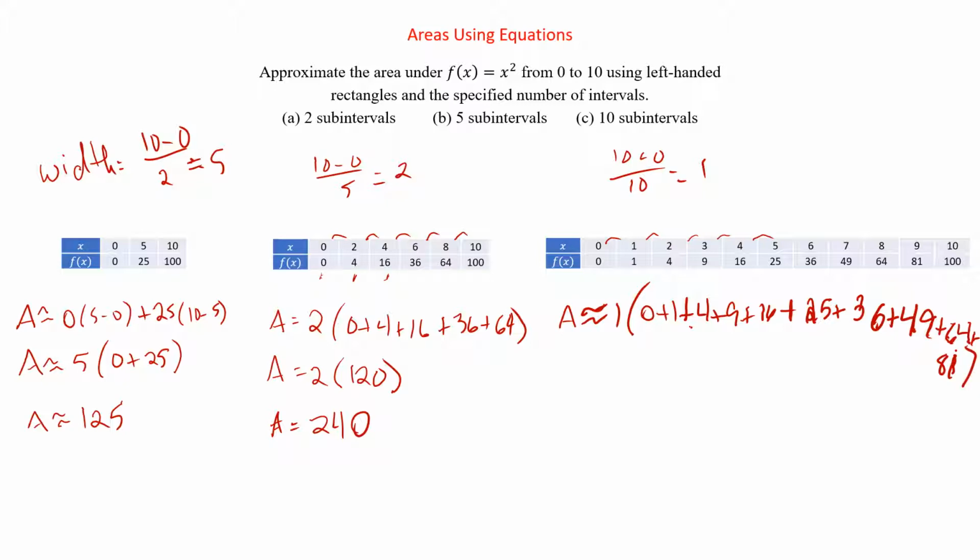We can add all these guys together to get 285, if I'm not mistaken. Times 1 is just 285. And so that's another change.